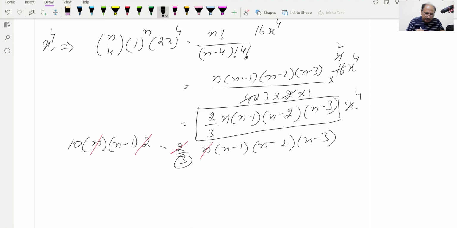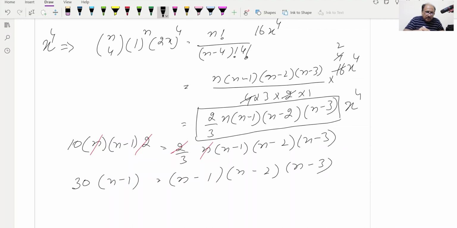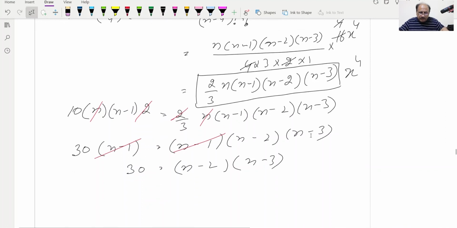This 3 we can shift to the other side of the equation, and we will get 30 into n minus 1 is equal to n minus 1 into n minus 2 into n minus 3. Further cancellation: n minus 1 into n minus 1, we can cancel these two, and the remaining equation will be 30 is equal to n minus 2 into n minus 3, and we can multiply these two terms.